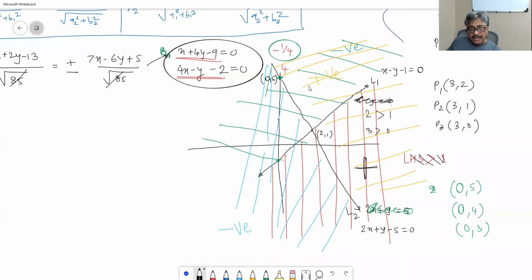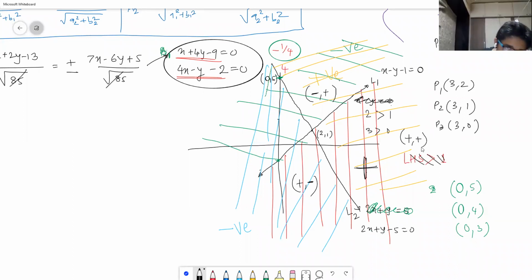So I am going to write here that if any point is in this quadrant, green and orange is minus plus, red and blue plus minus, red, orange, this quadrant is plus, and this quadrant is minus.